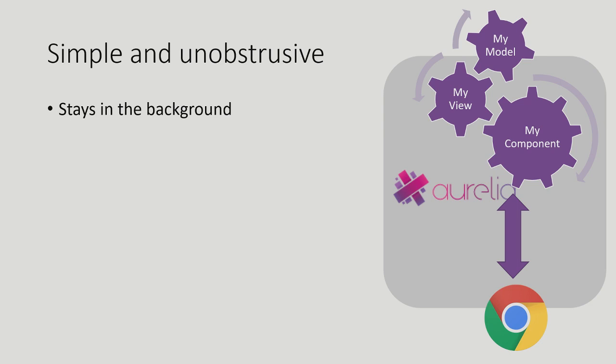When you're using those conventions, Aurelia writes all the necessary additional code in the background, so your application works without it being Aurelia code. You're writing mostly JavaScript or TypeScript, and you don't see in your application that this is Aurelia. It's mostly just plain JavaScript that you write.